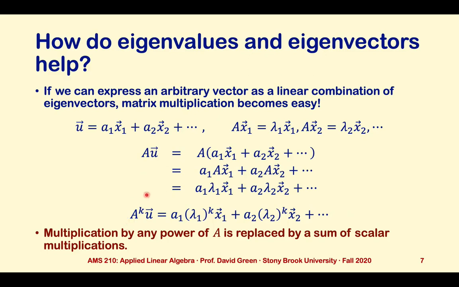Even multiplication of powers of matrices becomes a sum of scalar multiplications, where we have to take the power of a scalar, but that is a much simpler thing to do than to take the power of a matrix. So we've seen that if we were able to write a vector as a linear combination of eigenvectors, it would simplify the kind of matrix multiplication that we need to do in problems with dynamical systems, Markov chains, and so on.